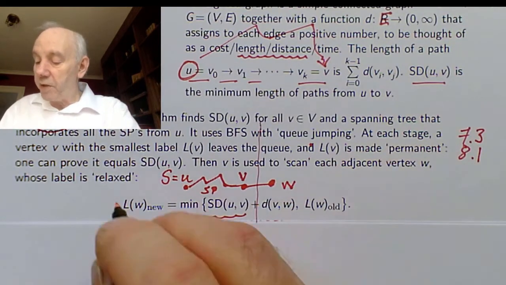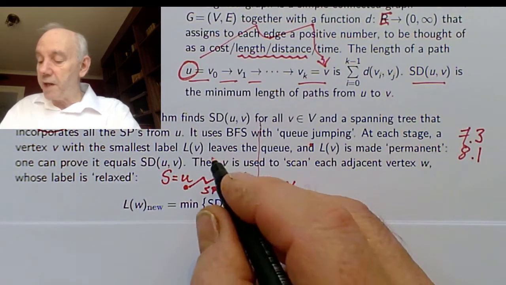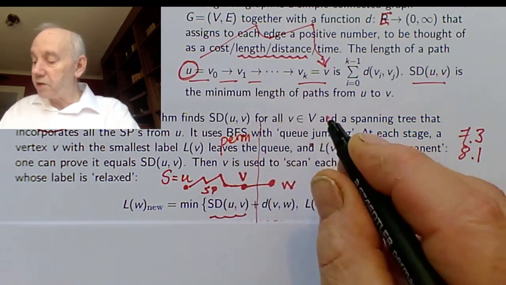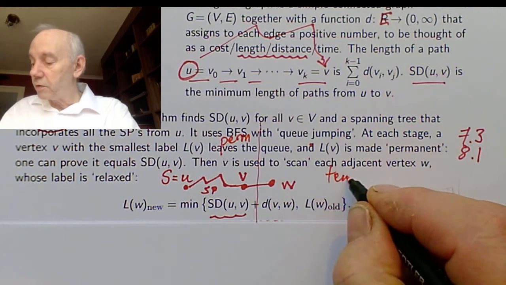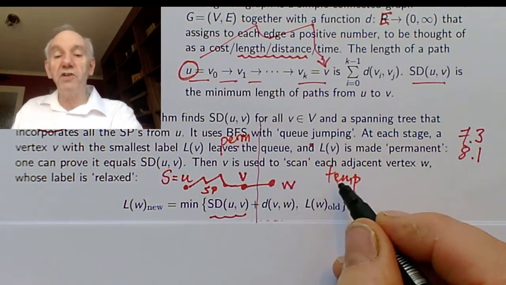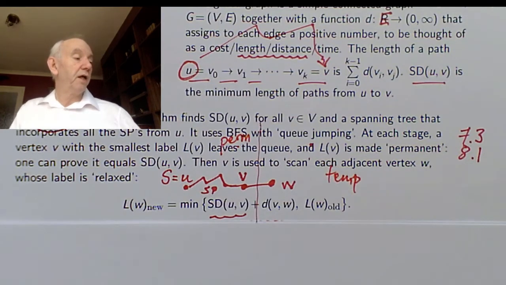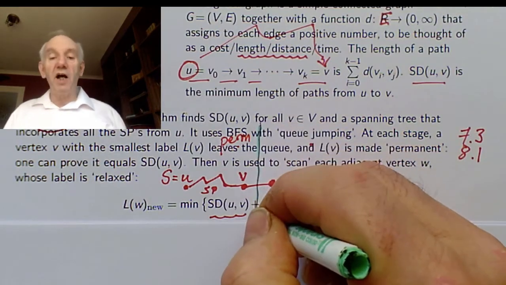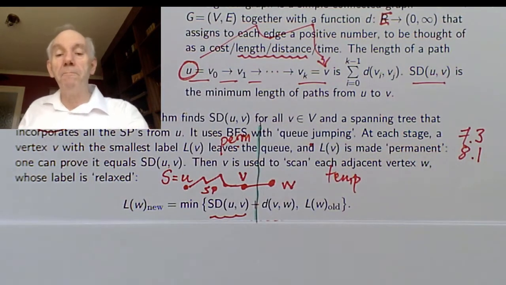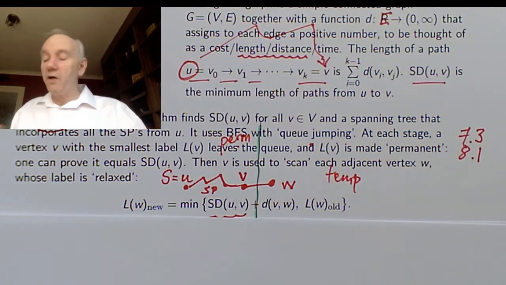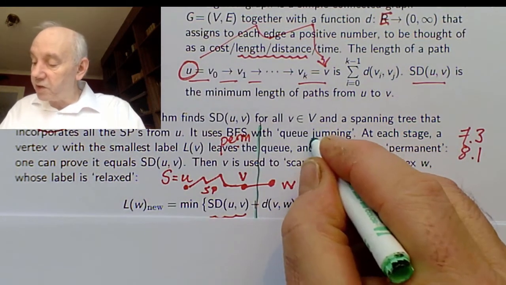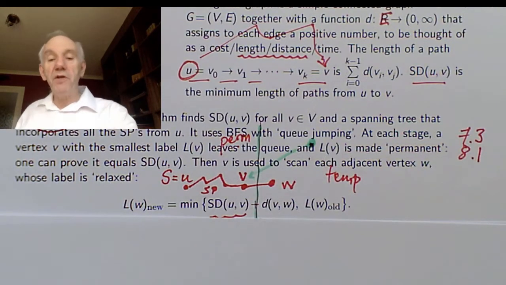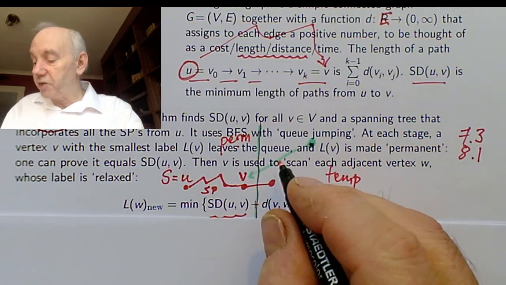There are the so-called permanent vertices on the left-hand side, and the temporary vertices on the right-hand side, with a sort of division in between. Of course, when you have an actual example, you can't divide the vertices like that, but you can think of them as divided like that. So we've just moved V over from the set of temporary vertices and pulled it over symbolically to the left-hand side. And we're now using V to scan other vertices.